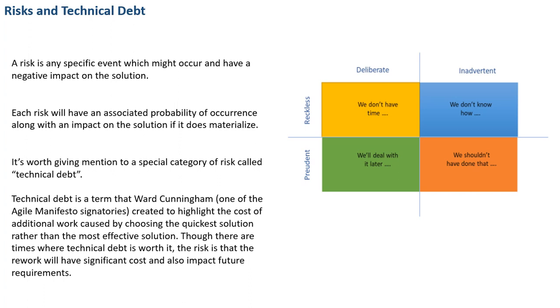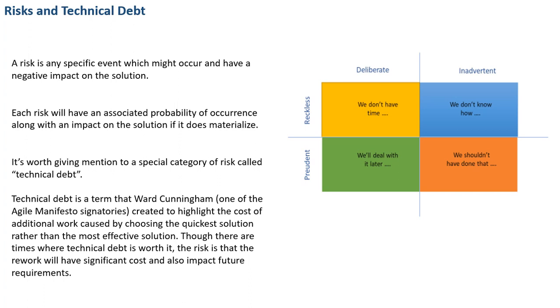So it's important to appreciate, elaborate and communicate those risks, and I outline in the book a bit more about technical debt, because it's a really important aspect of risk. Given the constraints you have to deal with as a solution architect, you will have to cut corners to a certain extent.